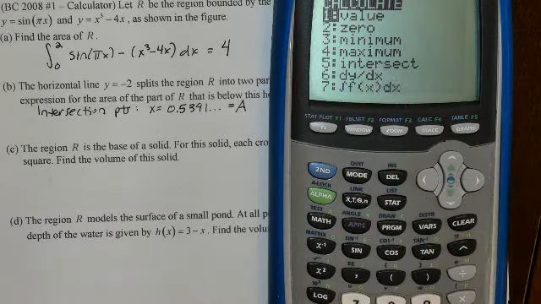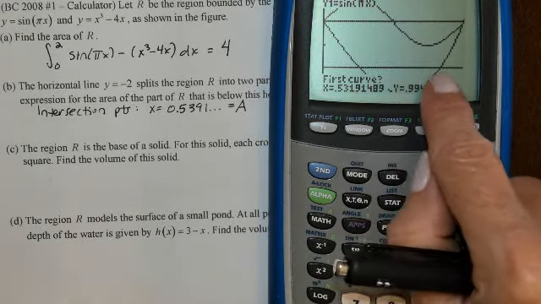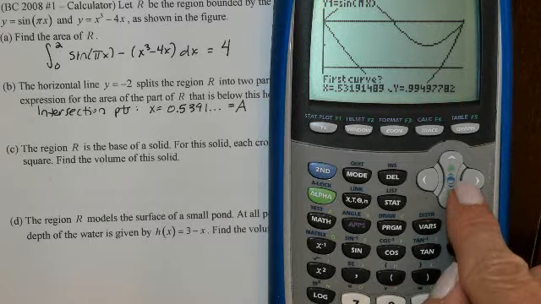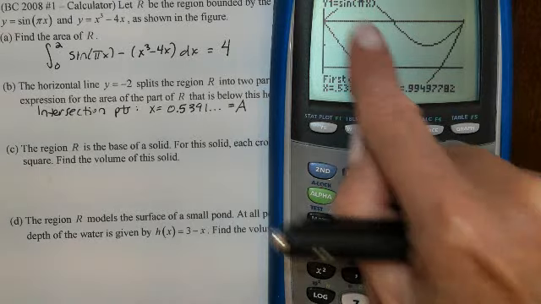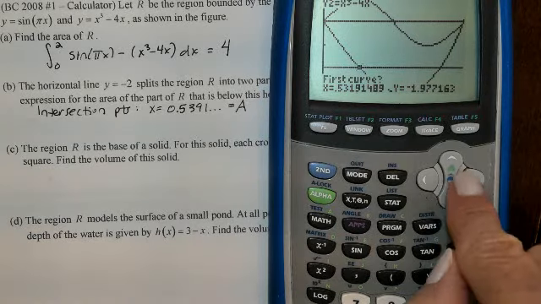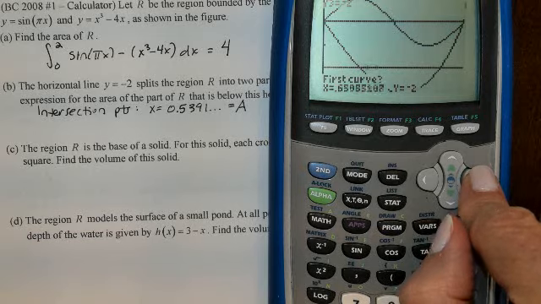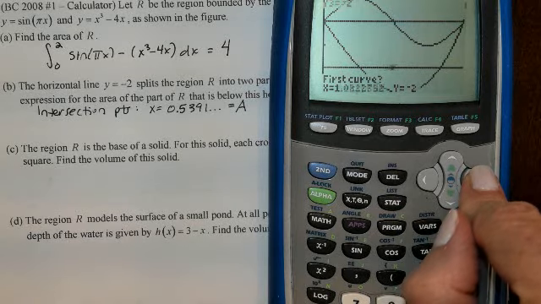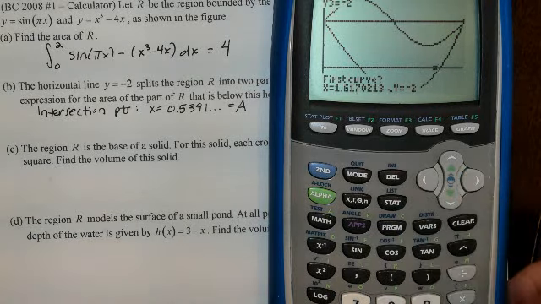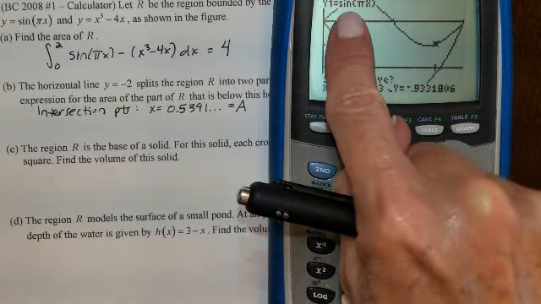Let's go get that other intersection point. So now we want this intersection point. Again, right now we're on y1, so I think I'm going to go down to y3. It'll make it a little bit faster to get over there. Okay, I'm going to enter. Now, I don't want y1.